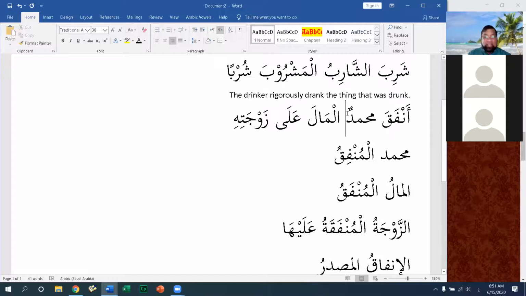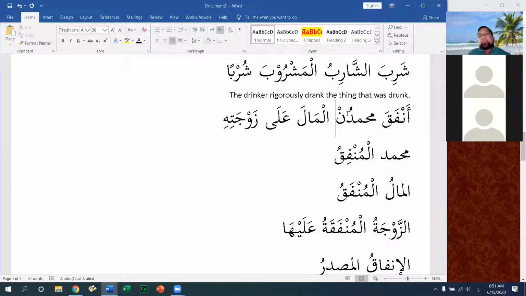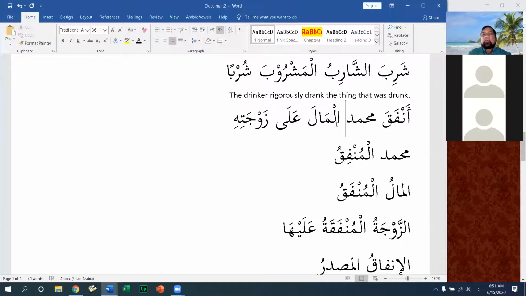So we'll put in a noon, drop the tanween and put a dhamma, and we'll imagine there's a noon sakina, but then you have noon sakina meeting with lam sakina, so you have to put a kasra on the noon sakina. That's what's happening. So we take the tanween and turn it into a noon sakina. But of course, you don't write it like that, you write it like this: أنفق محمد المال على زوجته. That's the classical way of saying this. Of course, it's not easy and most people wouldn't do that.